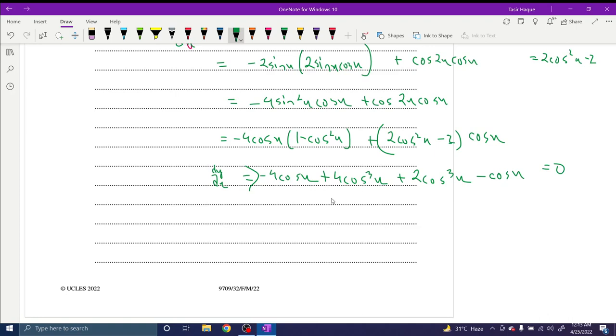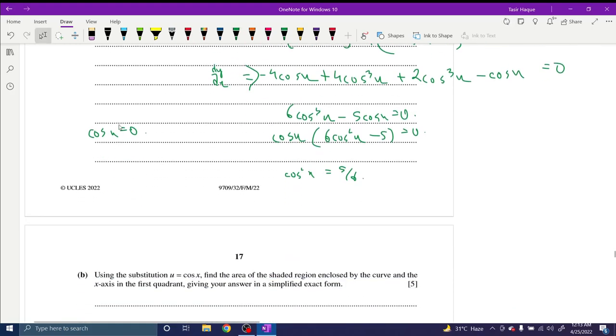This is going to turn into 6 cos cube x minus 5 cos x is equal to 0. If we take cos x common, 6 cos square x minus 5 is equal to 0. So cos x is equal to 0 and cos square x is equal to 5 by 6. Okay.